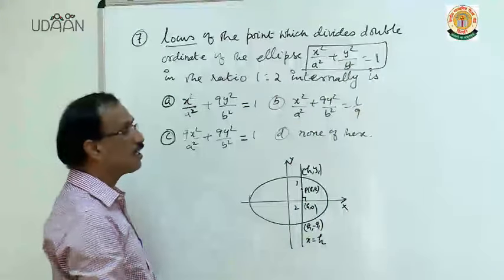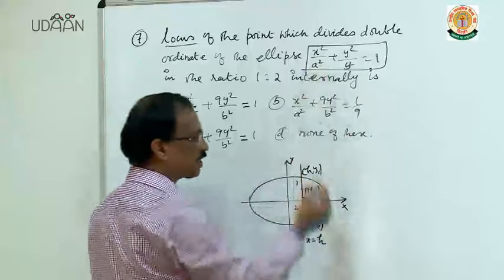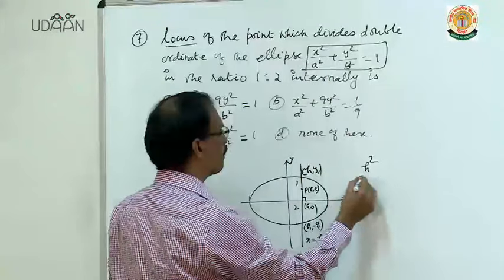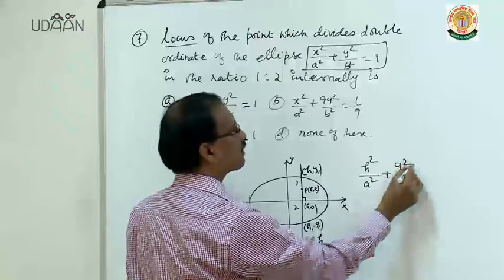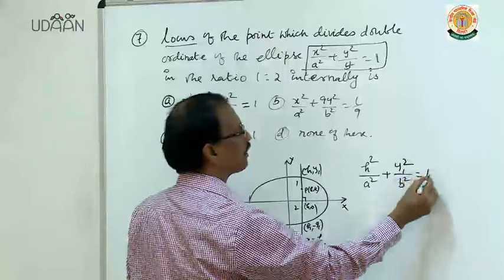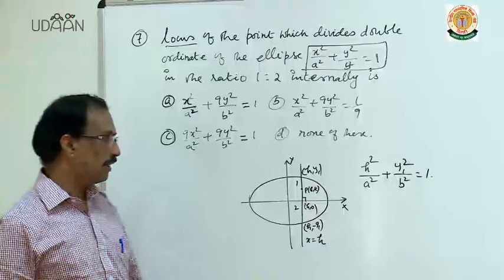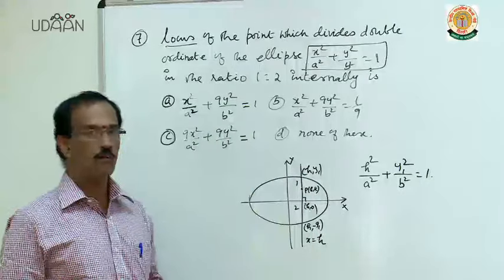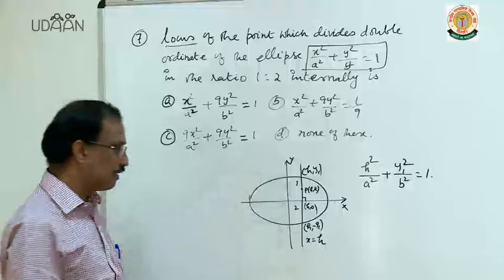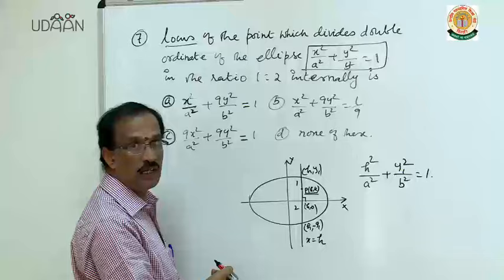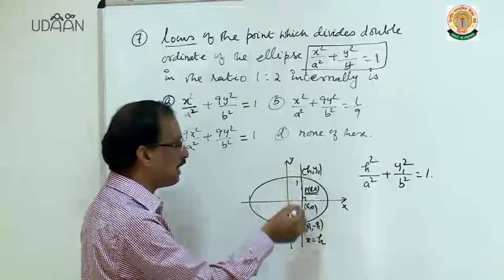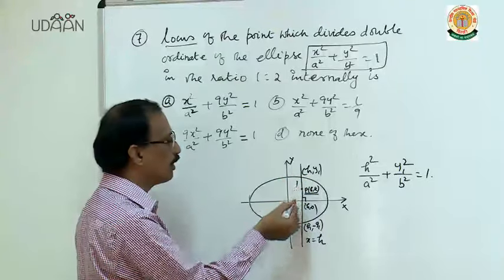It lies on this ellipse, so it should satisfy: h square by a square plus y1 square by b square equal to 1. Now how to find the value of y1? Now this point P (h, k) is dividing these endpoints in the ratio 1 is to 2.